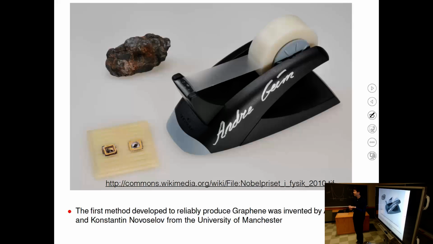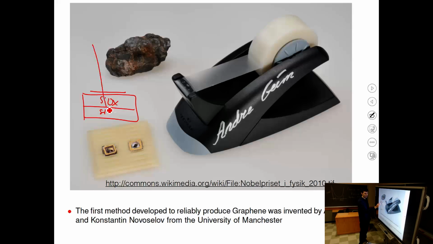And then looking under just a simple optical microscope that you can have in many, many labs, you can see by the color change that you have made a single layer of atoms. So the way it works is an interference effect. So here is actually silicon on silicon oxide. Silicon oxide is transparent. It's a dielectric. And so you have a layer of atoms here.